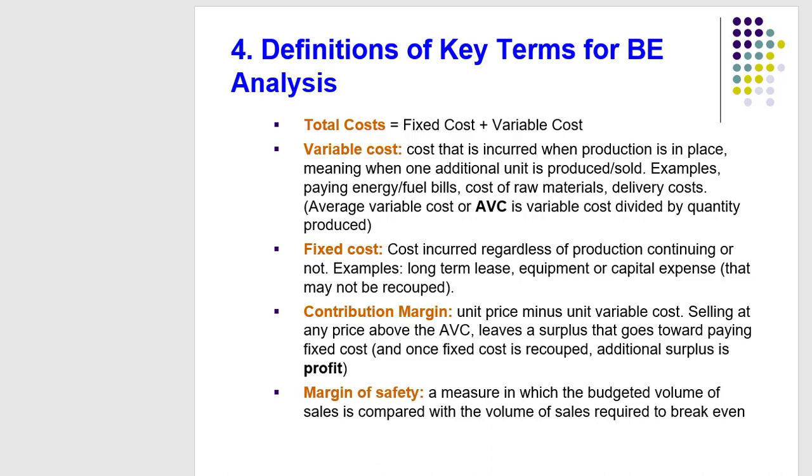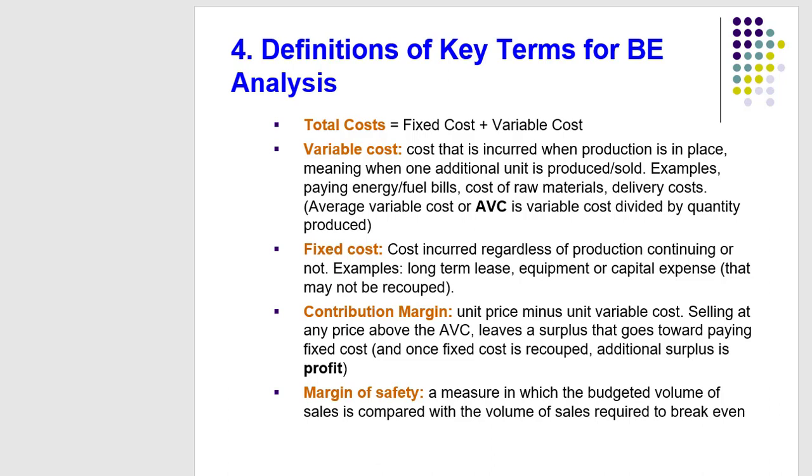Next definition is contribution margin. Contribution margin is basically unit price or selling price minus the unit variable cost. If you sell at a price that's above the average variable cost, then you have a little surplus that goes toward paying fixed cost. And once fixed cost is paid or recouped, additional surplus turns into profit.